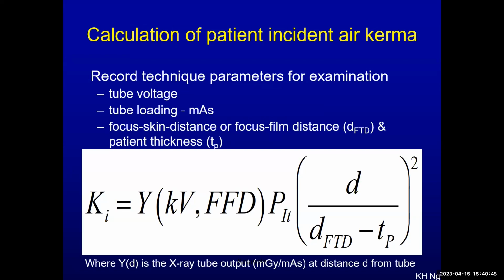So this is an example of how you can measure that. Now, don't be frightened by this. I'm still not used to this kind of ICRU notation, unfortunately. The Y is the output, right? In SI it is milligray per mAs, at a distance D from the tube you measure. This is very standard, for those of you who do the QC.